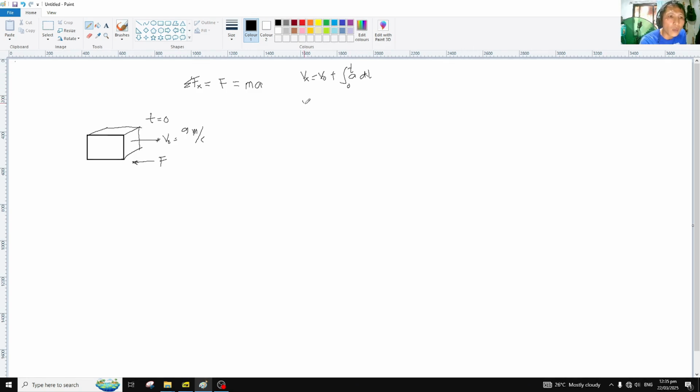And then you have another equation, which is what the problem asks: the x, the distance. Imagine if there's an initial velocity and a force is applied, there will come a time that the box would actually stop, because there is a negative acceleration.